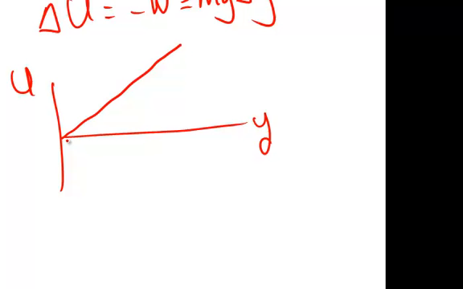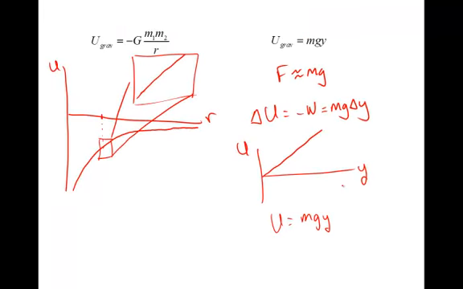Again, we're free to choose wherever y equals 0 is. Usually you choose something simple like the starting height or the surface of the Earth or whatever. So then to calculate the potential at any given point, it's just going to be U equals mgy.